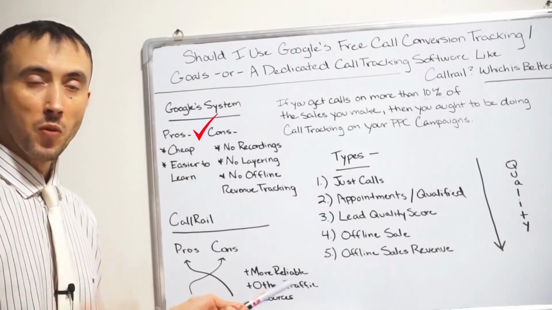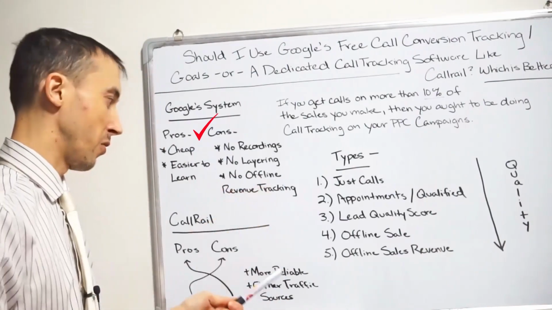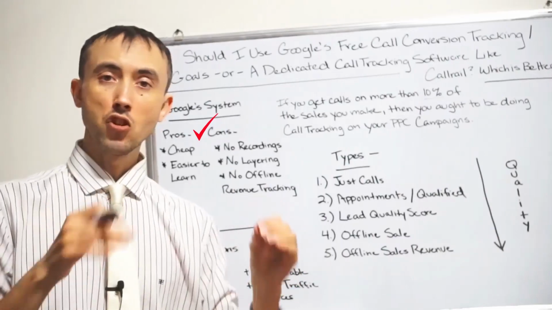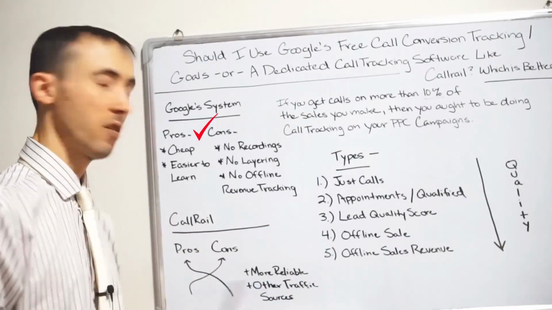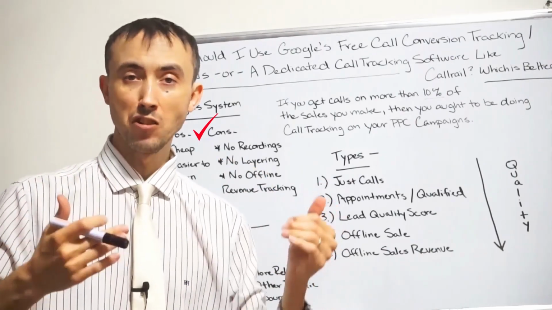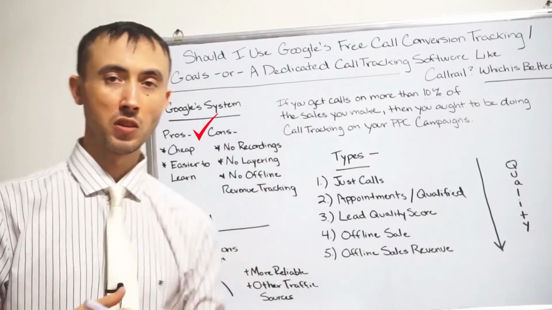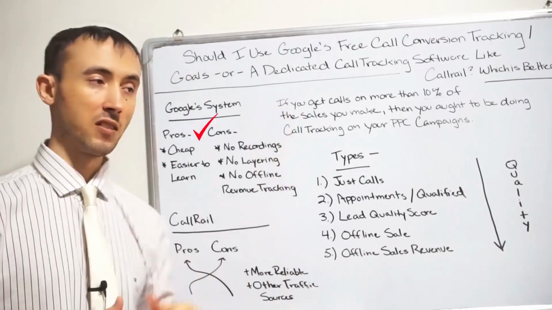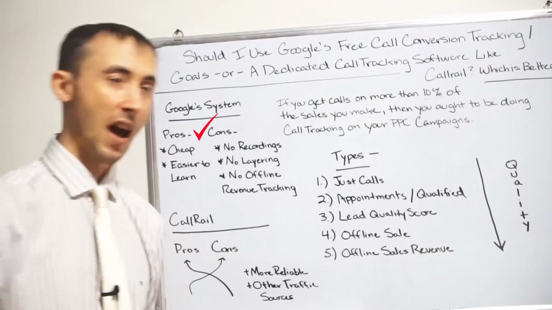I touched on it before briefly, not to say, don't attack me, Google, but I've had more reliability getting each call that needs to be tracked, call by call, through Callrail, which is why most of the people in the ad agency world that do PPC management use Callrail. They don't use Google's inherent call tracking system that they offer for free inside their conversion menu inside their ad system.